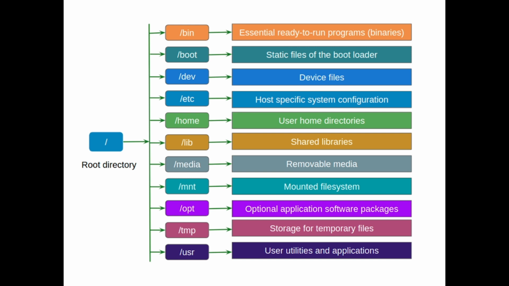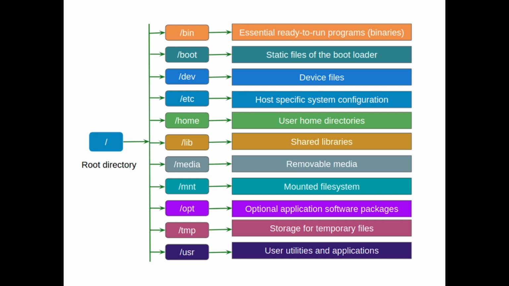So for now the /usr contains, how do I explain it now? It contains applications, libraries, documentation, just things that can be shared by applications and services. So that's an overview of the file system.